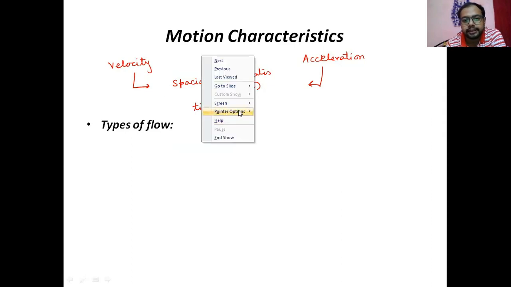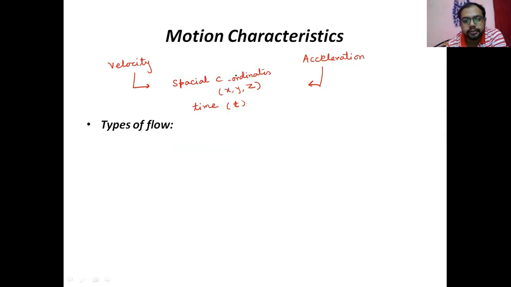So what we get is that the velocity V is a function of x, y, z, the spatial coordinates, and time. Similarly, the acceleration is also a function of x, y, z and time.